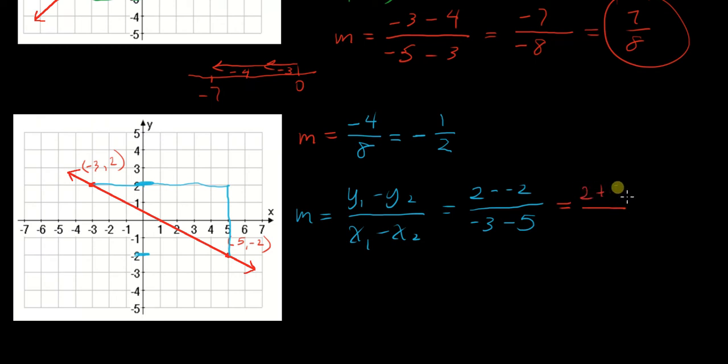So 2 plus 2, negative 3 minus 5, that's going to be 4 over negative 8, and that's going to give us negative 1/2. So the same one. Same slope we got up here visually.